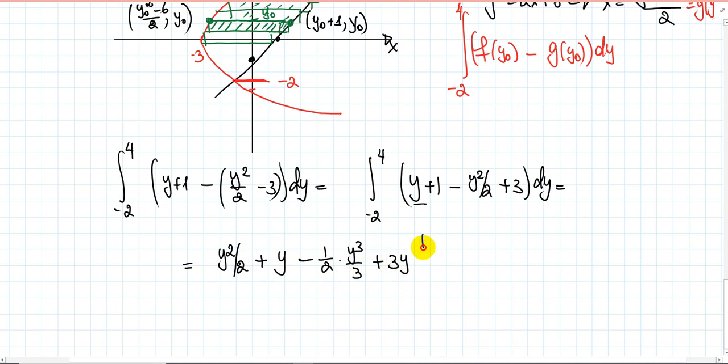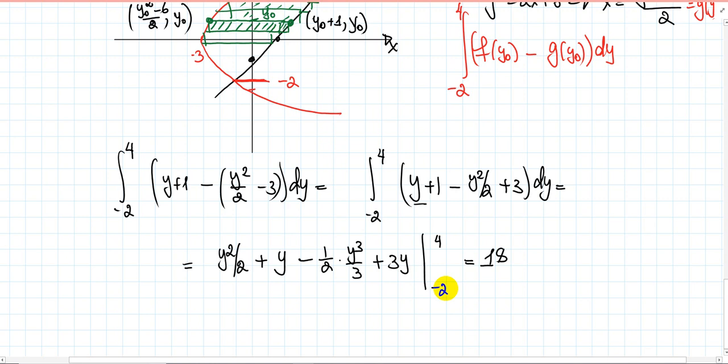So you need to put the values 4 and minus 2 and evaluate them. And if you do this, at the end, you need to get 18. Okay? So the second one is easier, actually.